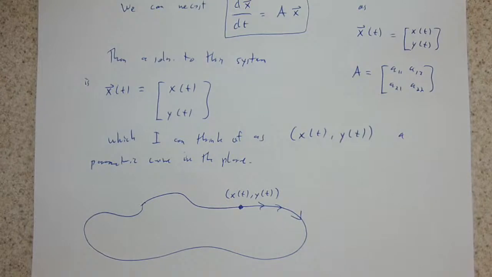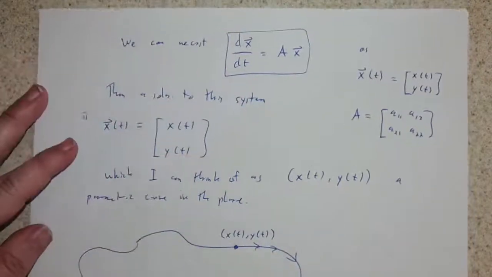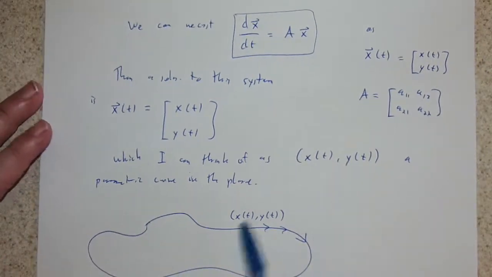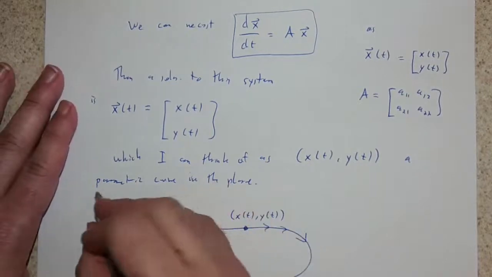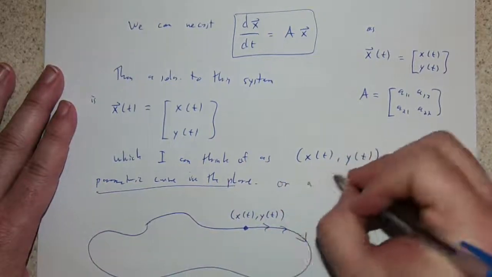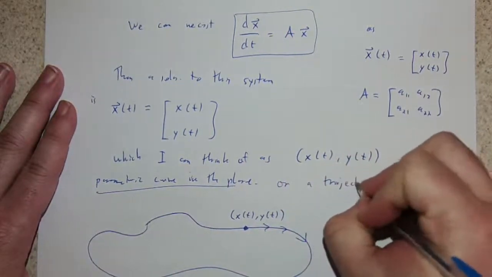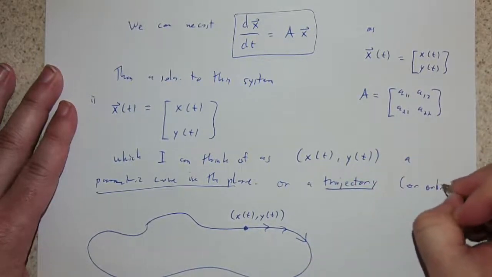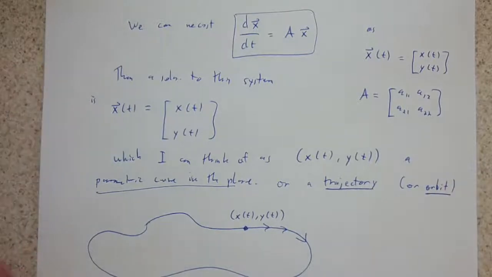So any solution to these differential systems that we've been working on for the last 5 lectures or so can be thought of as this parametric curve in the plane, or a trajectory as it's called, or orbit is another word for this.